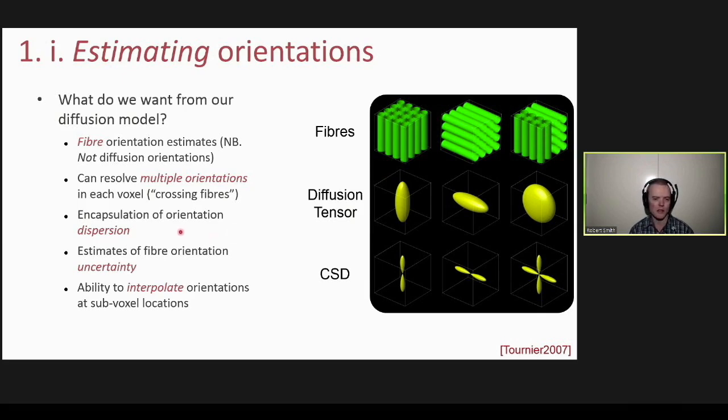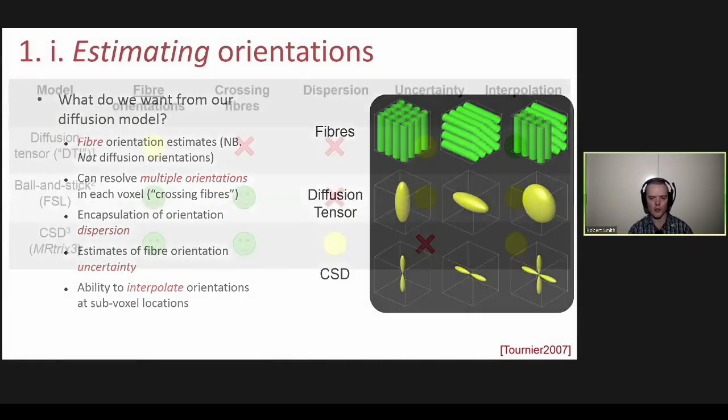Ideally, you would want some measure of the underlying dispersion of those fiber orientations. There are some models that can do this, but not many. There's a whole issue of the amount of uncertainty within your data. There's also the issue of how you determine the orientation in which to propagate your streamline if the streamline position is not right at the middle of a voxel, but in between two voxels.